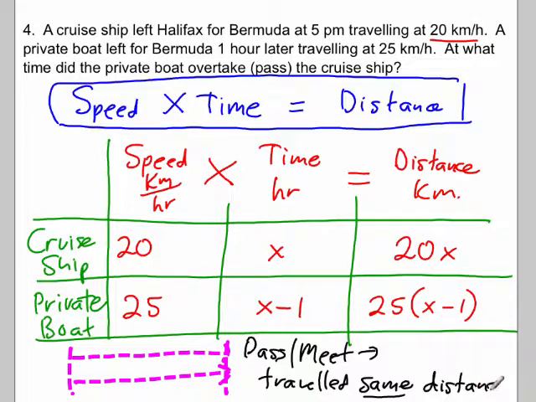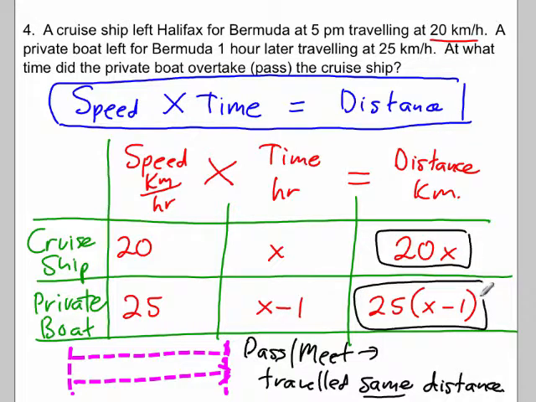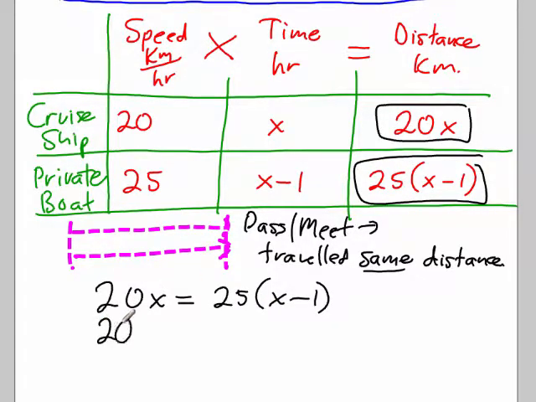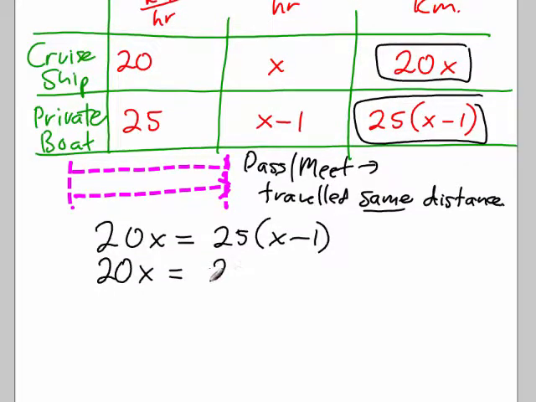So we don't know how long each is going to travel for, but we know that they will meet when the distance traveled by the cruise ship is equal to the distance traveled by the private boat. And that's my equation. 20 times x is equal to 25 times x minus 1. Okay, let's solve the equation and then see if we can make sense of the problem. 20x is equal to 25x minus 25.